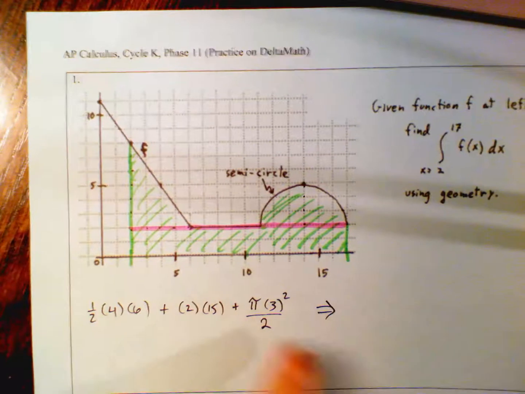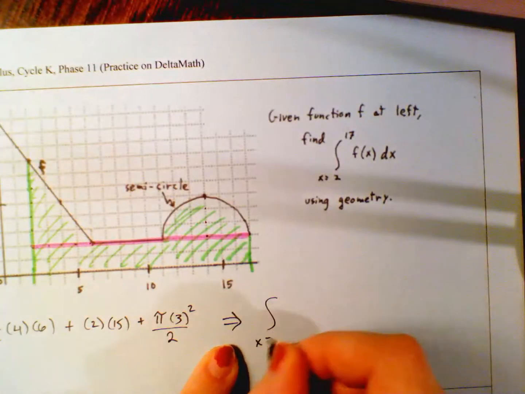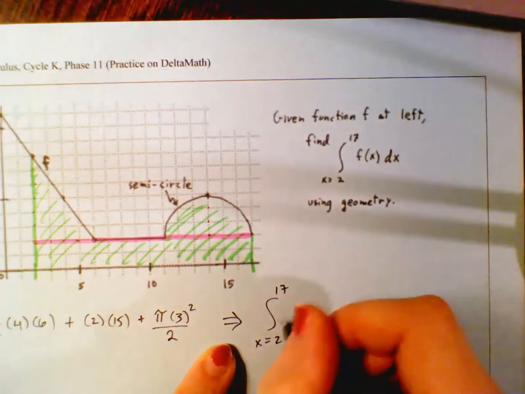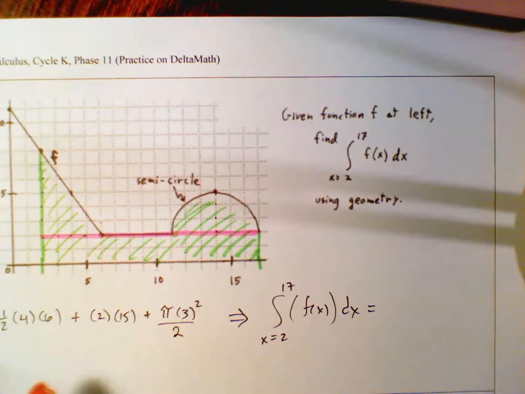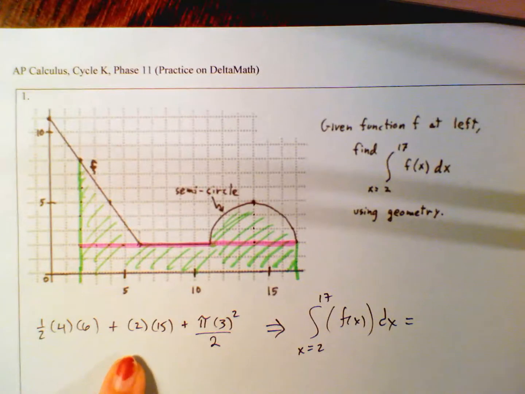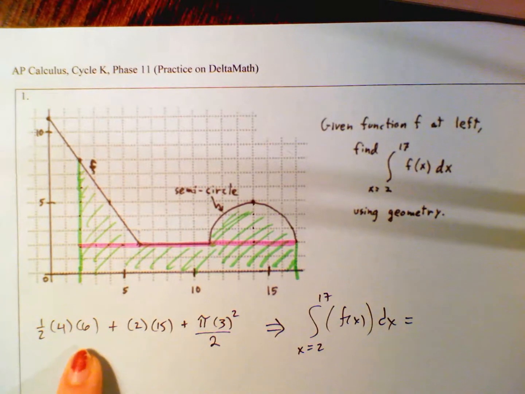So then I'll say the integral from x equals 2 to 17 of f of x equals, and I already did this in my calculator. Actually, let me see if I'm right.